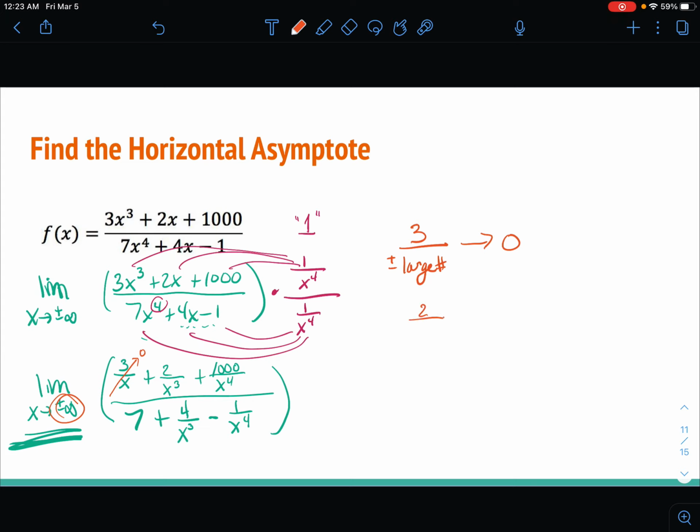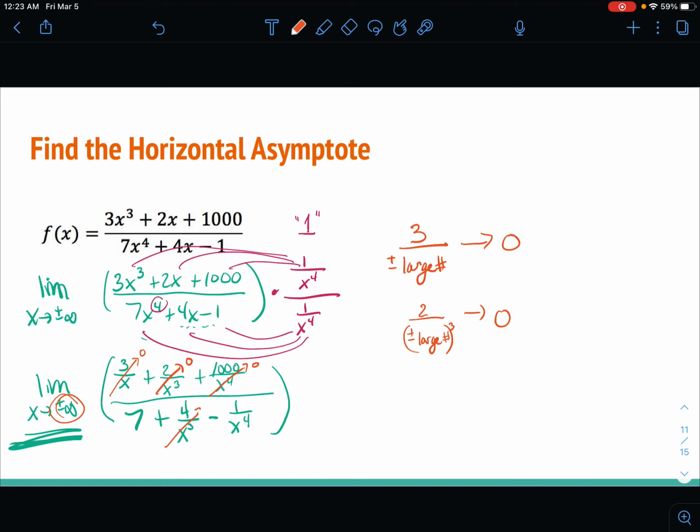Now let's think about the next fraction, 2 over a positive or negative large number cubed. 2 divided by something really big times itself 3 times is either a positive or negative speck. It's getting closer and closer to 0. Okay, next one, same thing. 1,000 divided by something really big to the 4th is going to be close to 0.